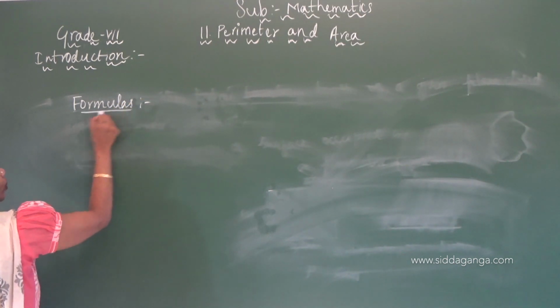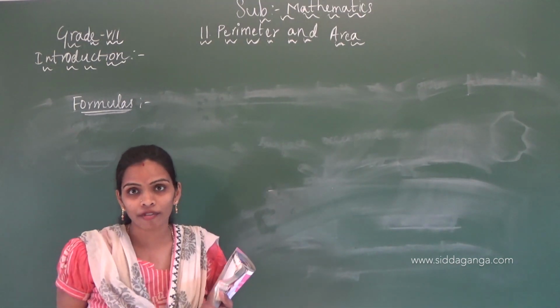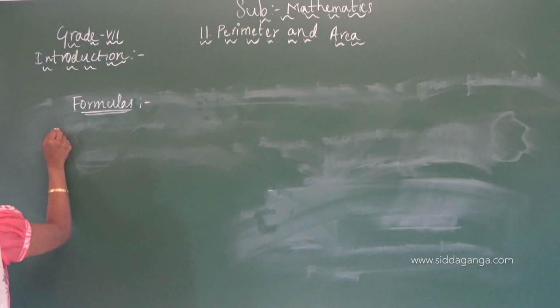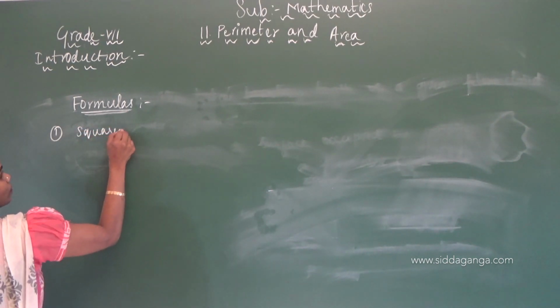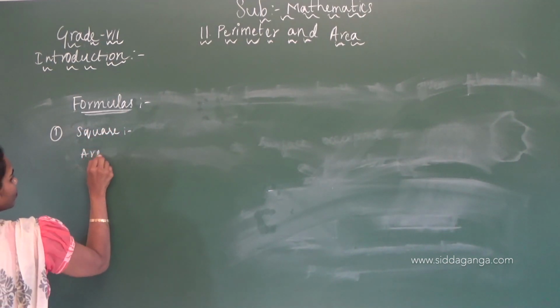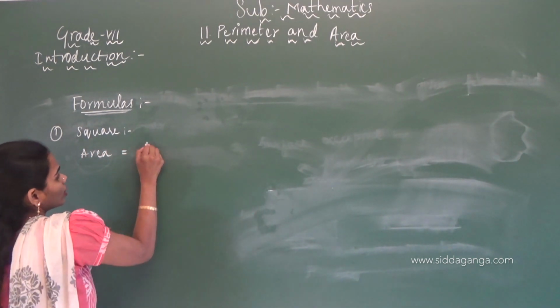In 6th we already learnt the formula to find area and perimeter of a square, correct? Square area. What is the formula to find the area of a square?